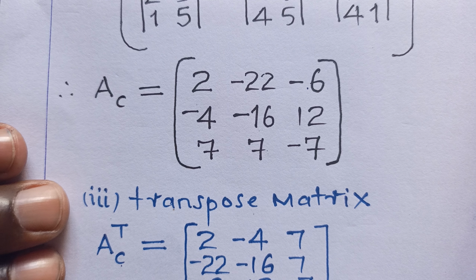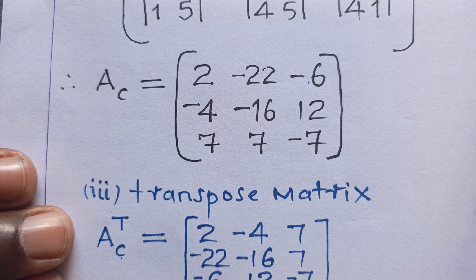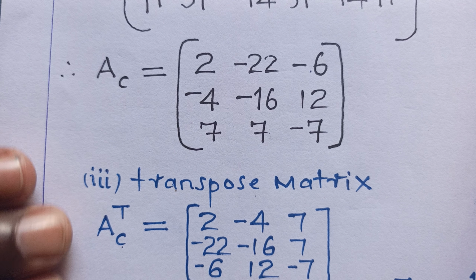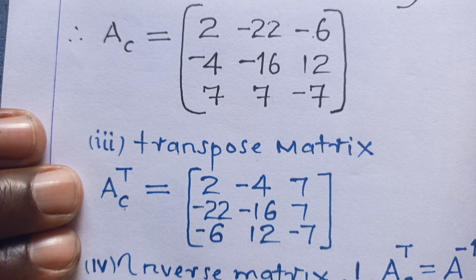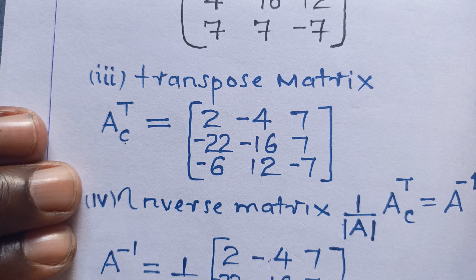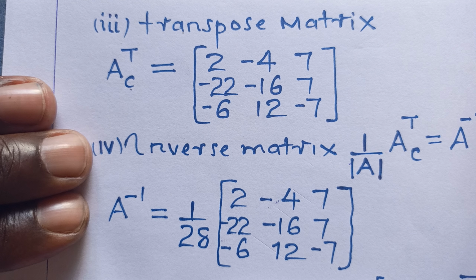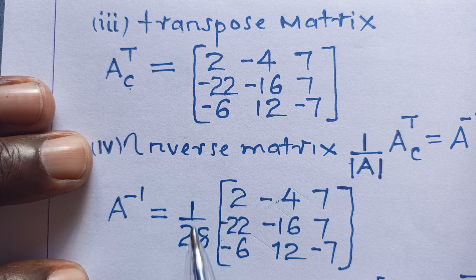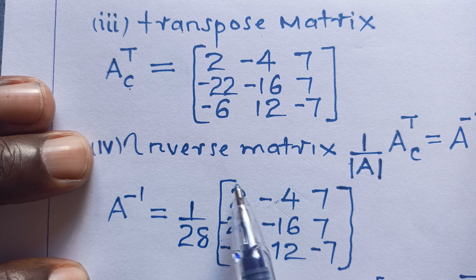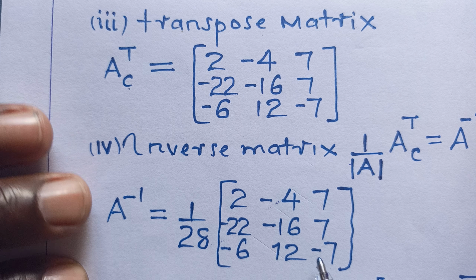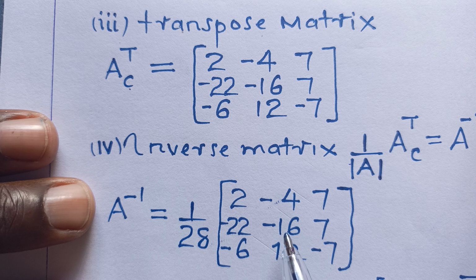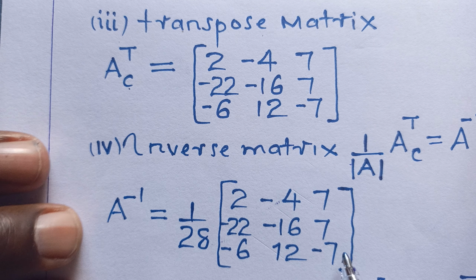And now we come to the inverse. For the inverse, we multiply the transposed cofactor matrix by 1 over the determinant. And this is what now, guys, we have: 1 over determinant multiplied by the matrix that is transposed, that is the cofactor matrix transposed.